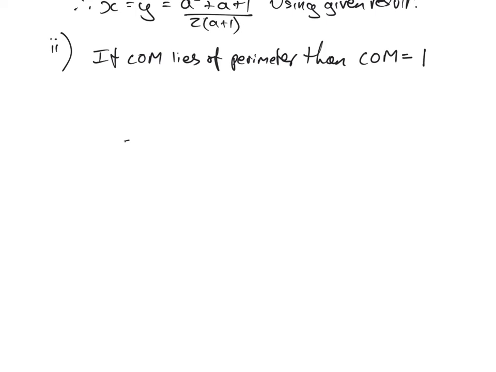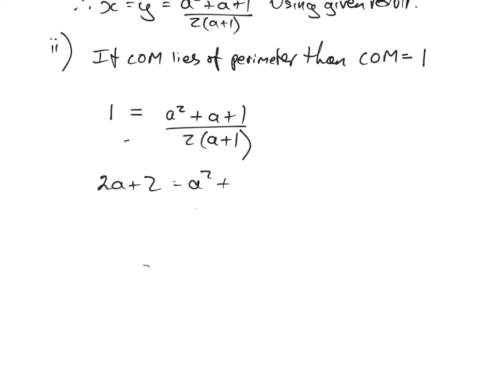So we're going to say 1 equals A squared plus A plus 1 over 2A plus 1. And this is both in x and y, so that's 2A plus 2 equals A squared plus A plus 1. So we've got 0 equals A squared minus A minus 1.